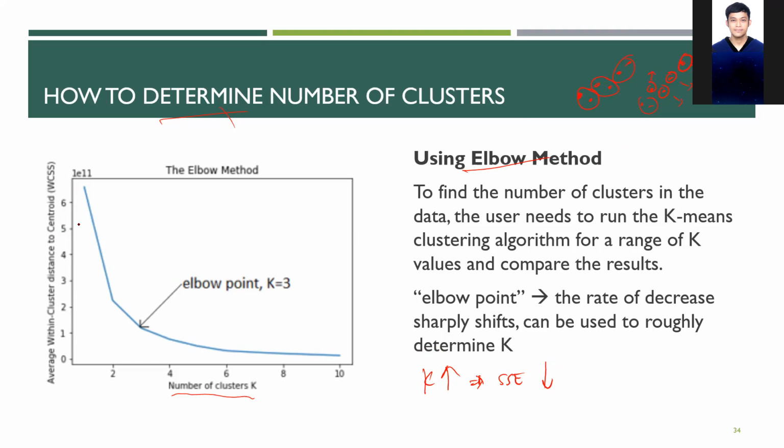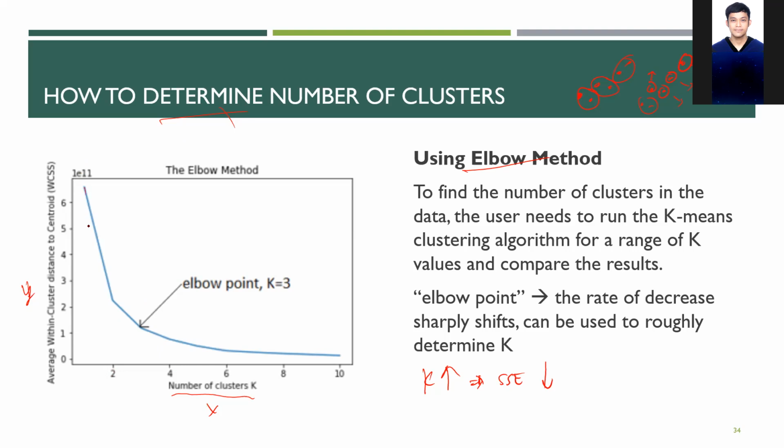So we make a graph where the x-axis is the number of clusters and the y-axis is the SSE. In clustering, if we add clusters, the SSE will decrease. For example, like this.